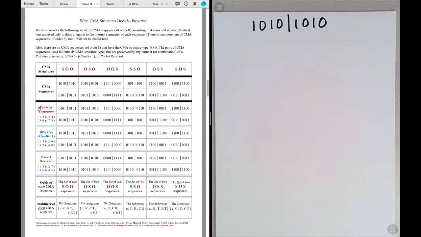For example, with the pairwise transpose, if you understand what the pairwise transpose is actually doing to a sequence, you can very quickly go from a CMA sequence, such as this one, and immediately write down what the outcome would be if that CMA sequence above is acted upon by the pairwise transpose.